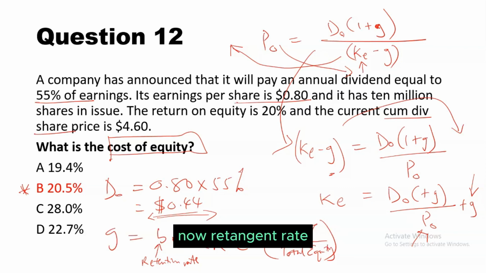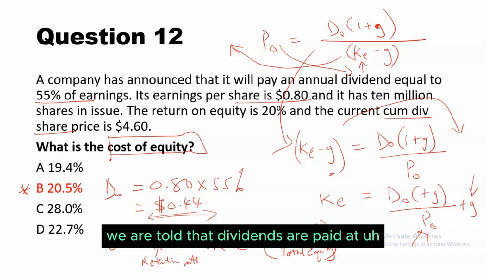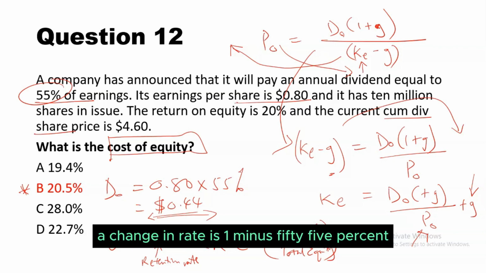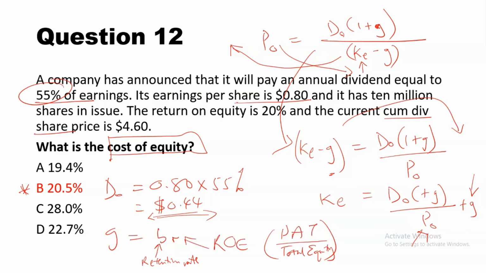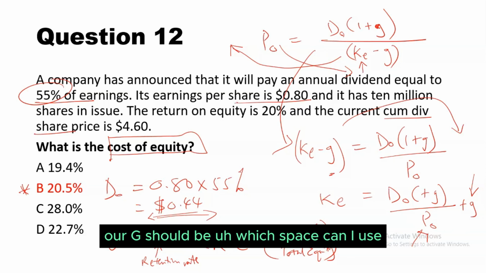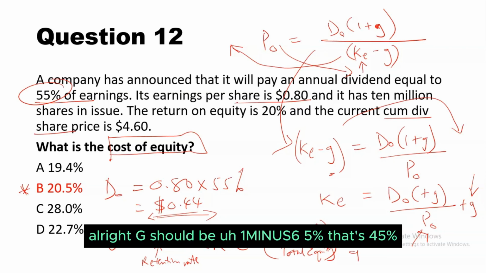Now, retention rate, we are told that dividends are paid at 55%. So obviously the retention rate is 1 minus 55%, which should be 45%.